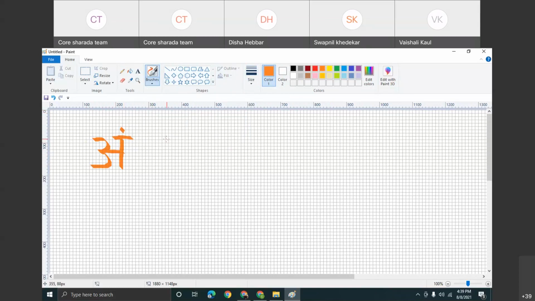This is Ang. This is Ah. What does this mean? These two, the first one is called the Anusvara and the last one is called the Visarga.